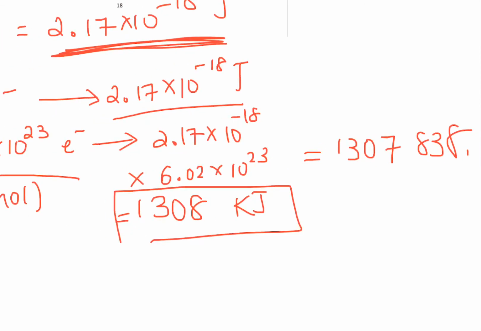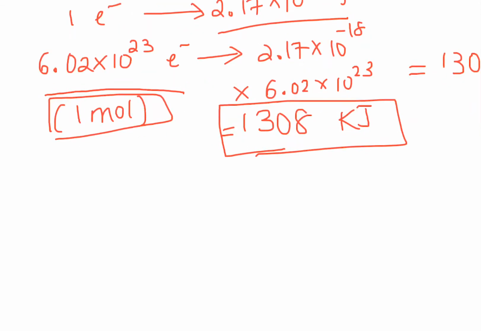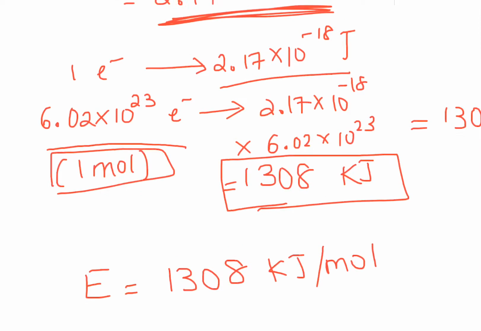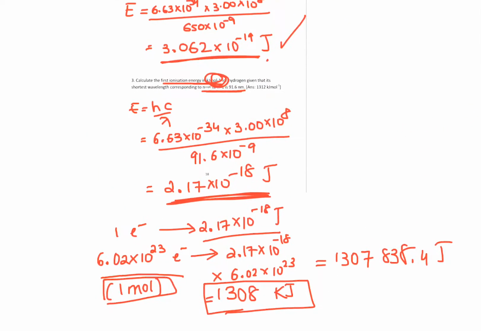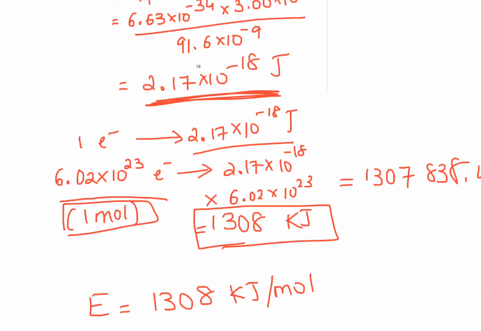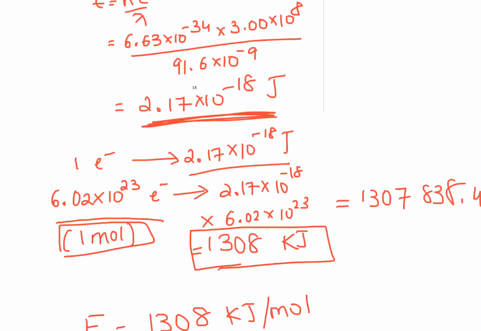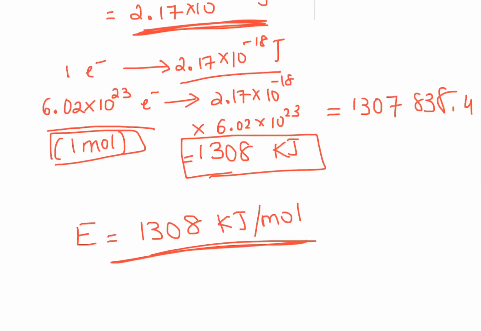So you have the value in kilojoules. This corresponds to 1 mole of electrons, which means that the energy is 13,008 kilojoules per mole. And that is the answer. I don't know how this answer got here, but this is what I get when I calculate it. So if you got the other one by one way or the other, just let me know.